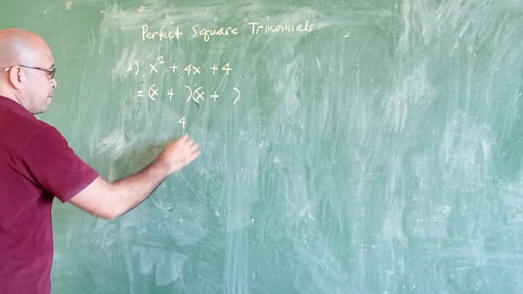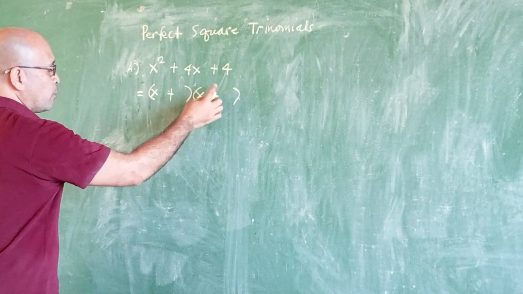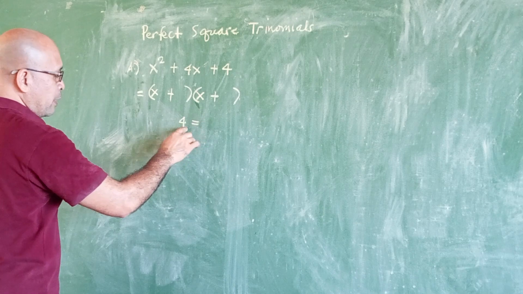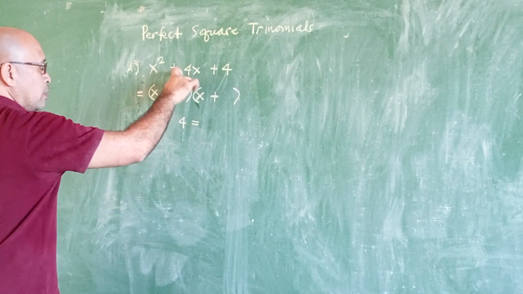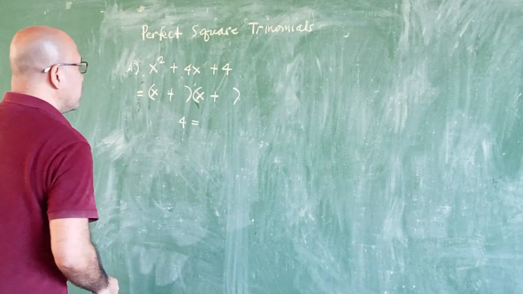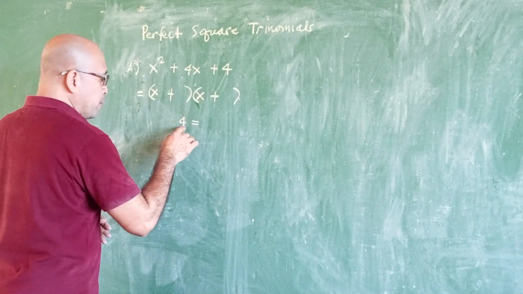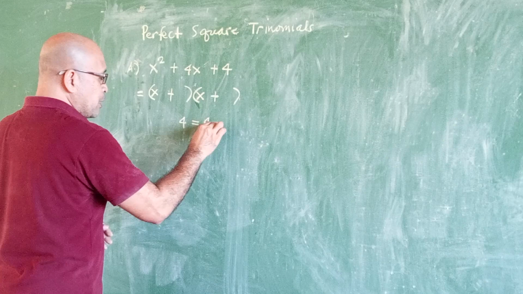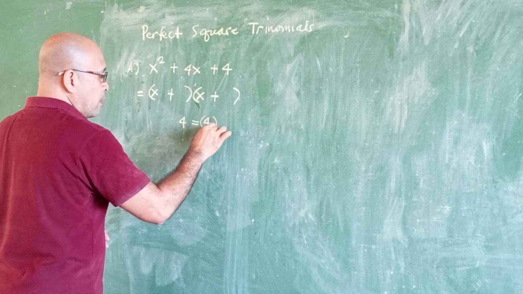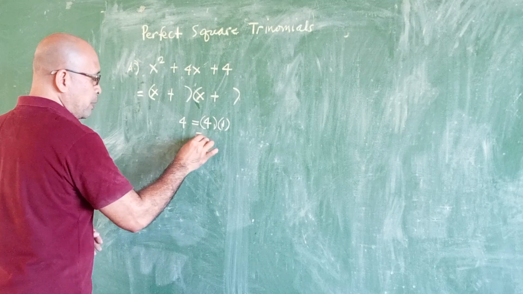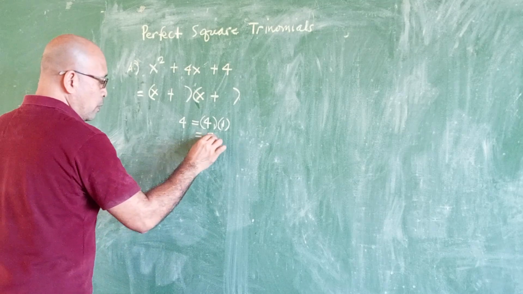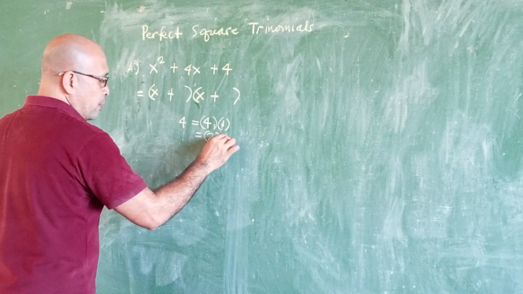Factor out 4 in such a way that when you add the factors of 4, the result is the coefficient of the middle term. And for the 4, the first possible factors are 4 times 1. And the second possible factors of 4 will be 2 times 2.